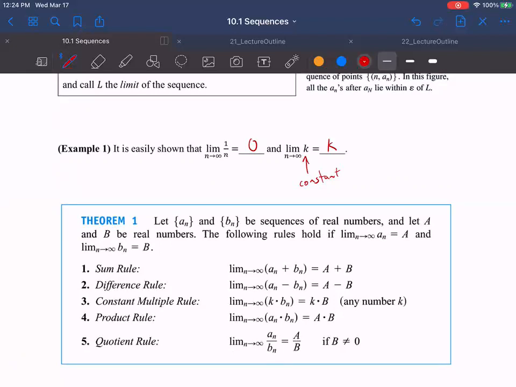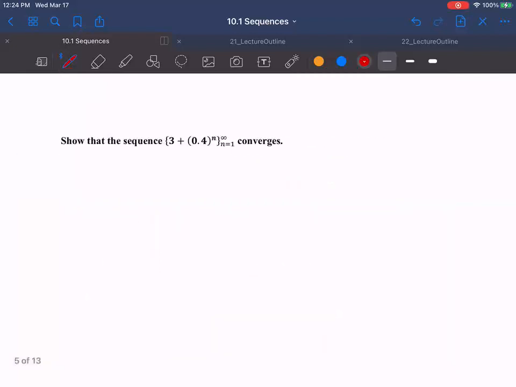Okay, so now let's take advantage of these and see if we can look at some sequences. Now, show that the sequence 3 plus 0.4 to the n, n going from 1 to infinity, converges. All right, any ideas on how we can do this one?